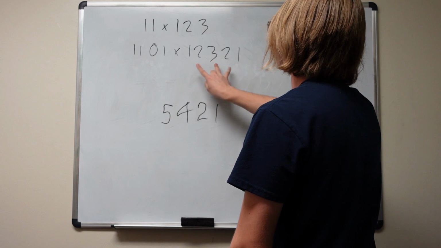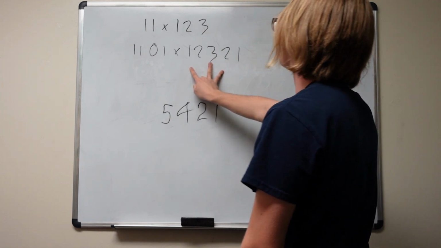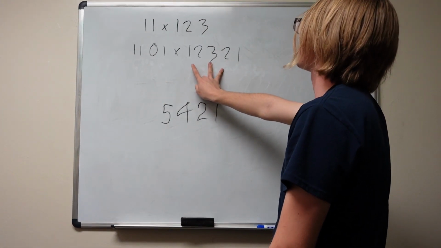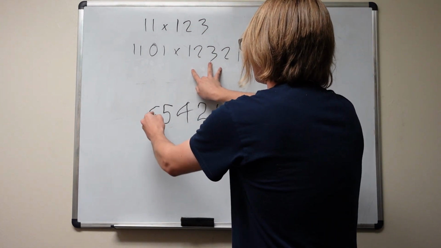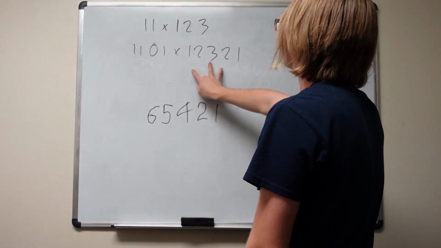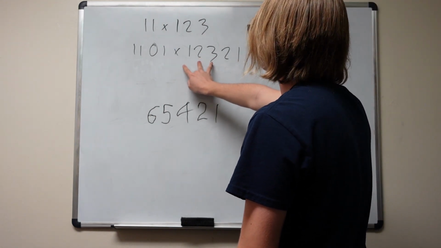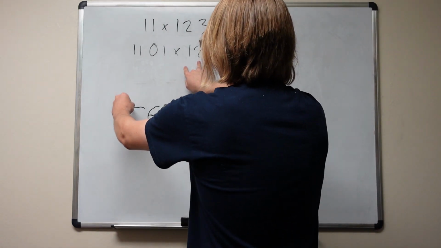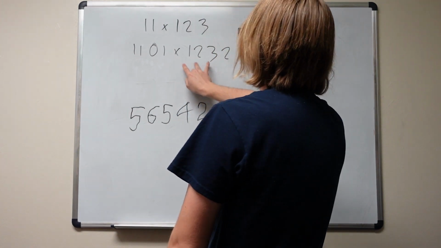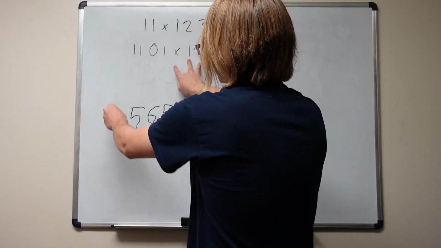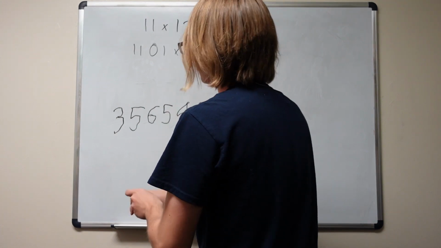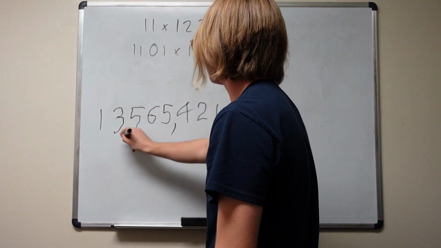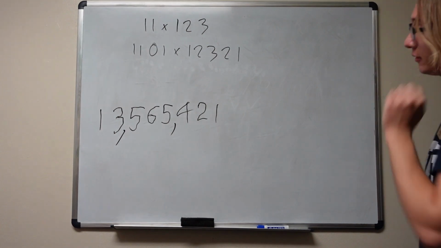And then I shift it one place. 1 plus 3 plus 2, which is 4 plus 2, which is 6. And here, if I shift it again, we get 2 plus 3, which is 5. If I shift, we get 2 plus 1, which is 3. And then we write down the 1. So that's how you multiply by combinations of 1s and 0s.